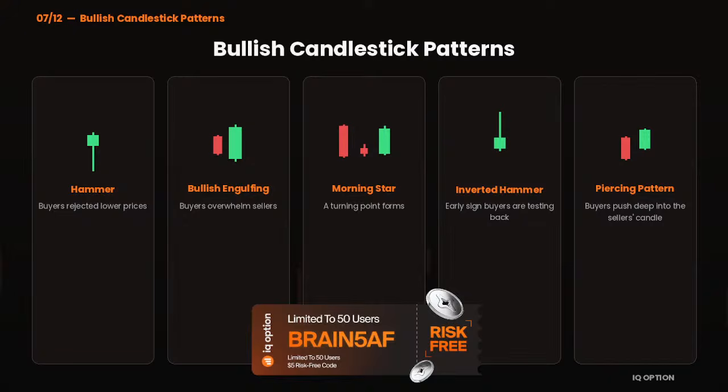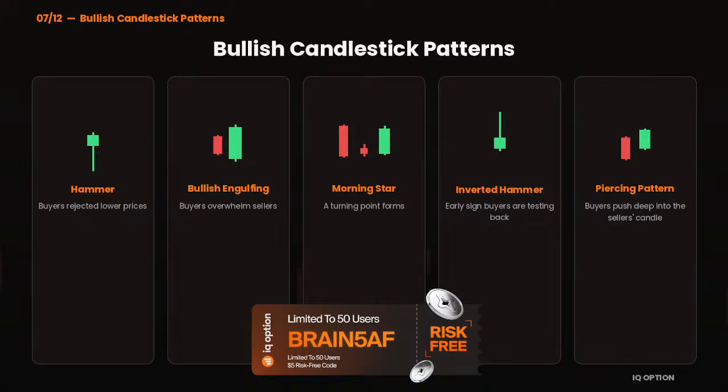So what does that long tail beneath the hammer, that long wick, mean? It is proof that sellers pushed price down really hard, but buyers fought back fiercely and dragged it almost all the way back up to the top before the candle closed.